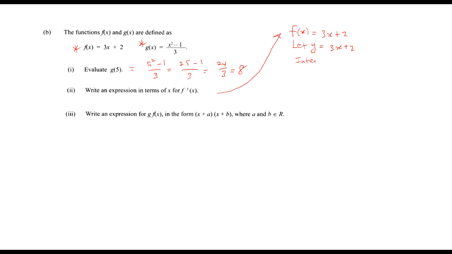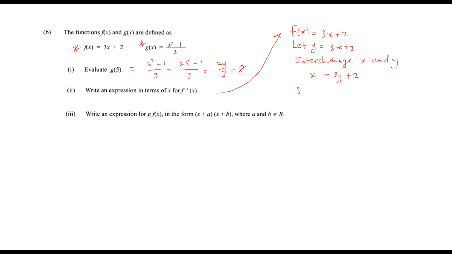This is the process we use to find the inverse of a function. So we interchange x and y, and we end up with x is equal to 3y plus 2. So what we did is anywhere we see x, we put y, and anywhere we see y, we put x. And the next step is to make y the subject of the formula.